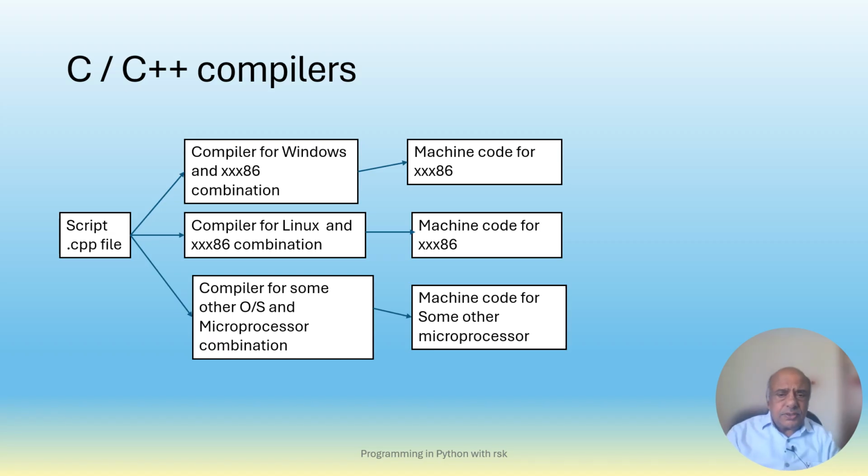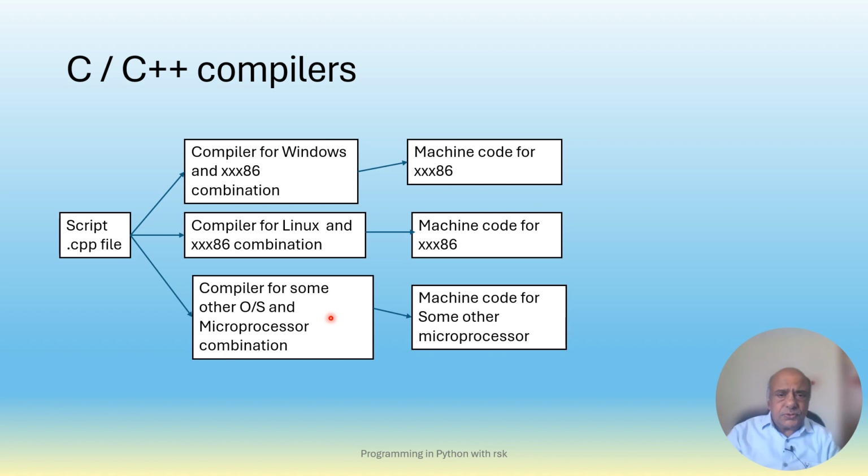How does it differ from C, C++ compilers? In a C or C++ compiler, the script file has an extension .cpp. There is a different compiler specific to every platform. There is a compiler for Windows and x86 combination, there is a compiler for Linux and x86 combination, and there can be compilers for some other OS and microprocessor combinations.